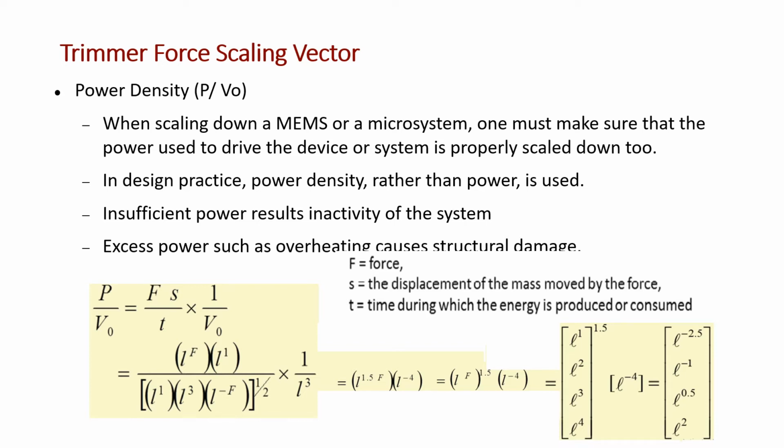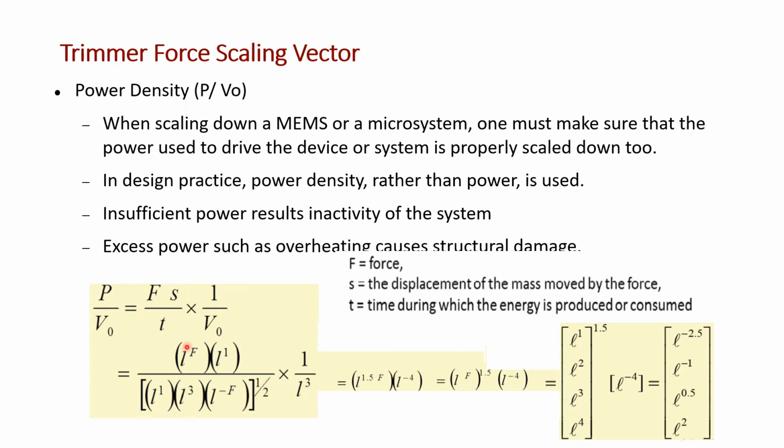Now, in order to analyze the scaling of geometry or linear dimension on the power density P by V0, the power can be written as force into distance by time. So power is replaced as force into distance by time into 1 by V0. Now each of these parameters we will represent using its relation to the linear dimension.